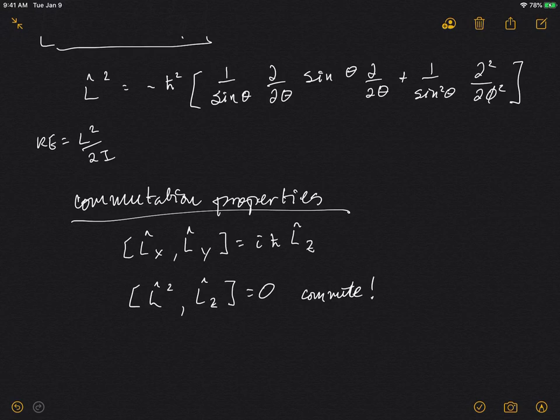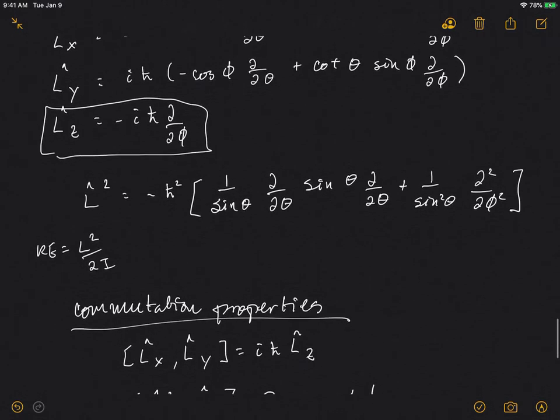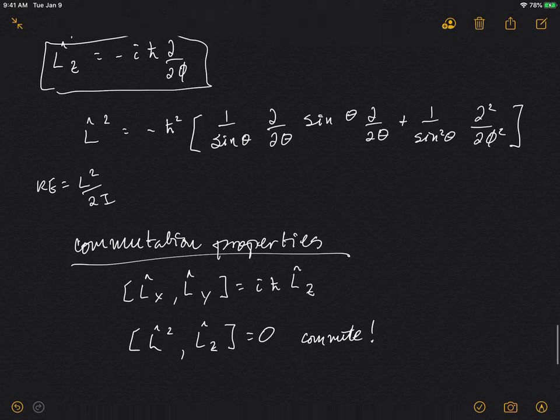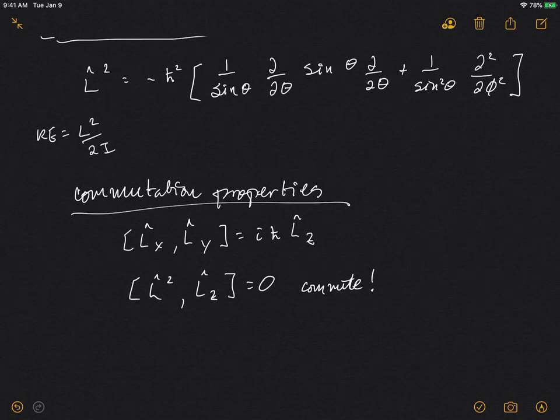So it turns out these YLMs are eigenfunctions of L squared. We'll see what the eigenvalues are in just a moment. And they're eigenfunctions of the Lz operator, which we saw here, this minus i h bar d/d phi. You can see they're eigenfunctions just by a quick inspection. The L squared we have to do by perhaps more circuitous or indirect means.